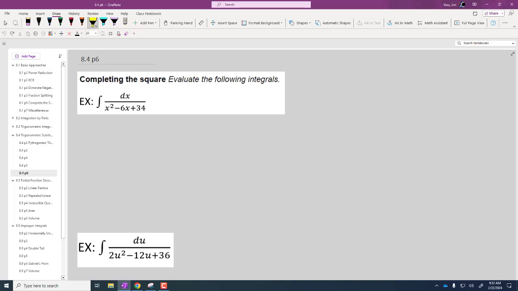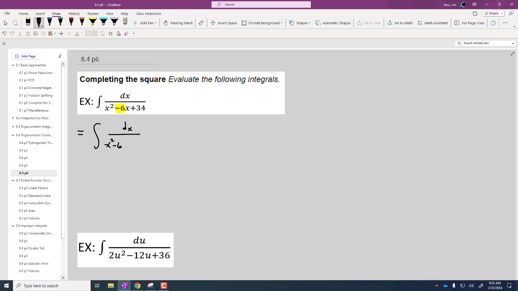We're going to look at this coefficient right here. To complete the square, we divide it by two, and then square that result. So if we take that -6, divide it by 2, we get -3, and then we square it, we get a 9. So we need a constant of 9 in order to complete the square. So we think about grabbing 9 out of that 34.